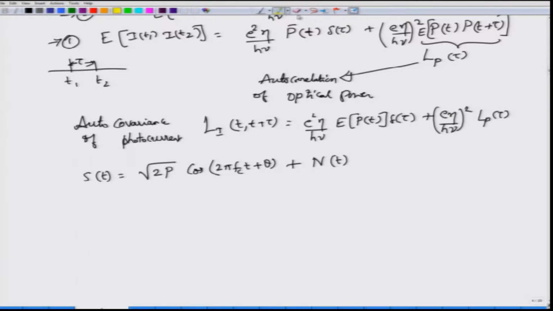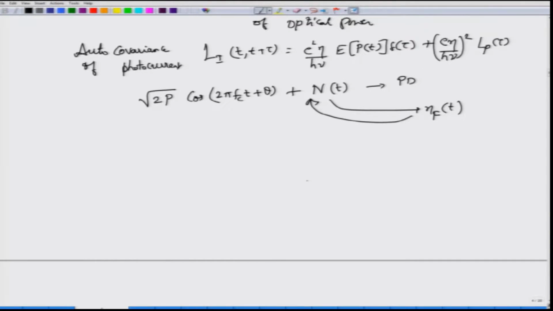So, this would actually be the total optical field that is coming out of the amplifier. You will have the signal field, and then you have the noise field over here. This is the one that is going into the photodetector, correct? This has been filtered. In the previous module we had written it as nf of t; we have simply renamed that as n of t, because the filtered noise is assumed over here.